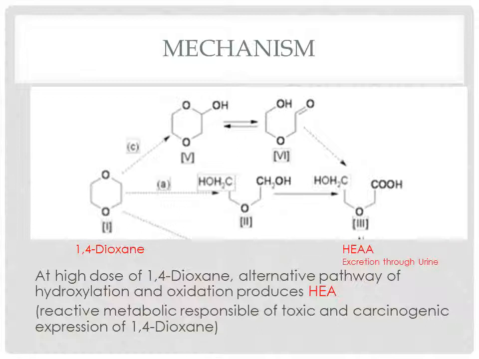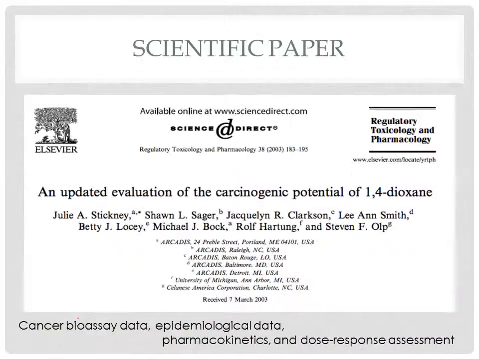HEA is a reactive metabolite that is responsible for the toxic and carcinogenic expression of 1,4-dioxane. So when we are exposed to a high dose, our body ends up producing this metabolic compound, which can become toxic and cause cancer in many different ways.